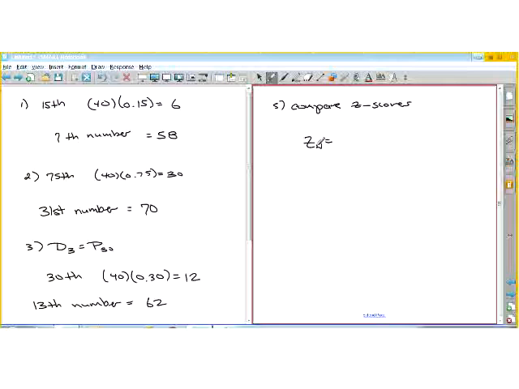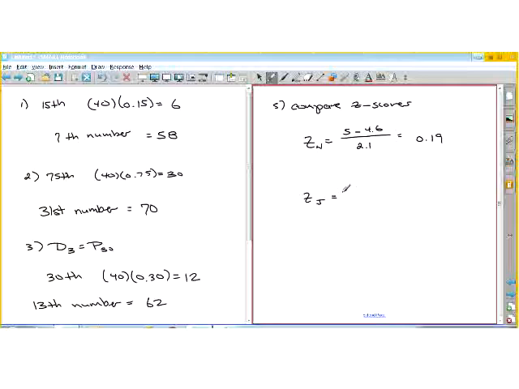So for Neil, Z is the value he scored, 5, you subtract the mean, which was 4.6, and you divide by the standard deviation. So we get 5 minus 4.6, which is 0.4, divided by 2.1. And so the Z-score is 0.19.